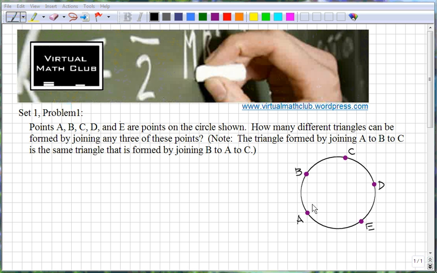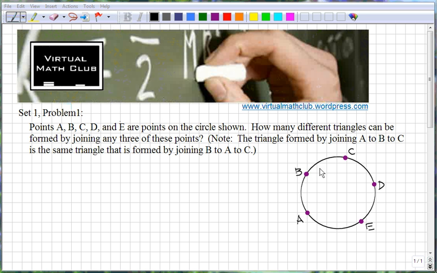and then go to side AD and so on, and then once you have all the triangles that you can form with point A, then move to point B and find how many additional triangles you can find using point B as a vertex of the triangle.